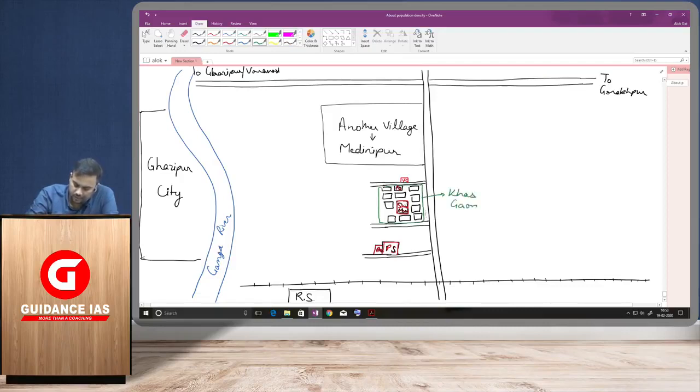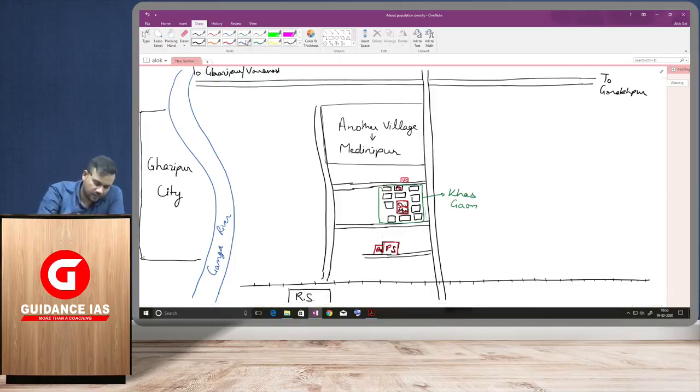Now surrounding this Khas Gaon is another road which is there. Surrounding this Khas Gaon is the working caste. So I will mark the working caste with another color.